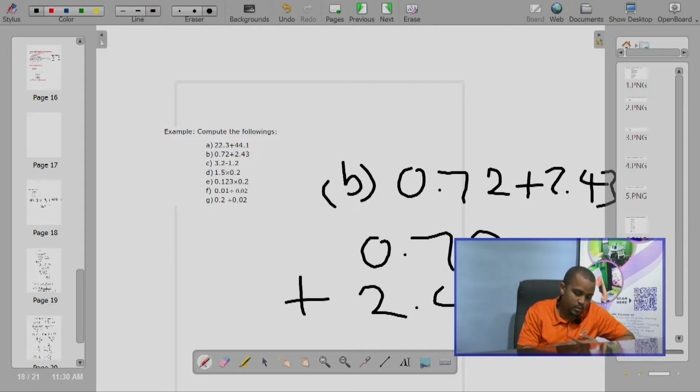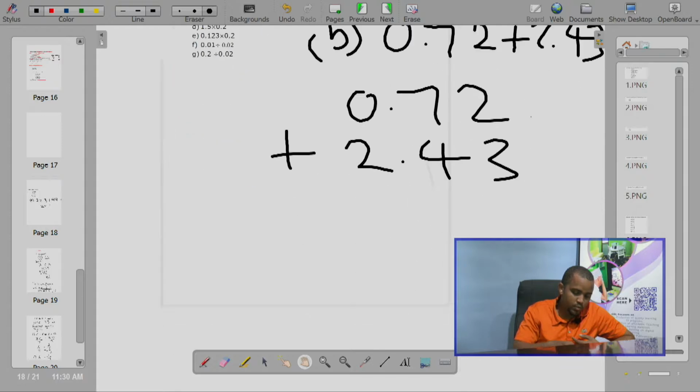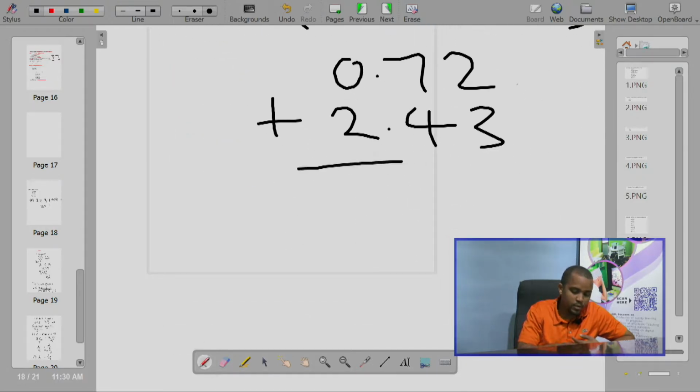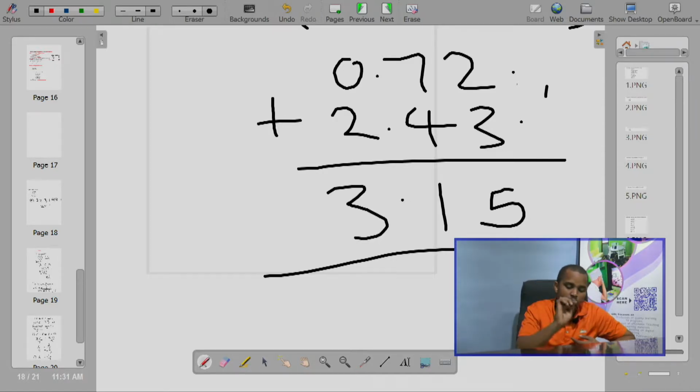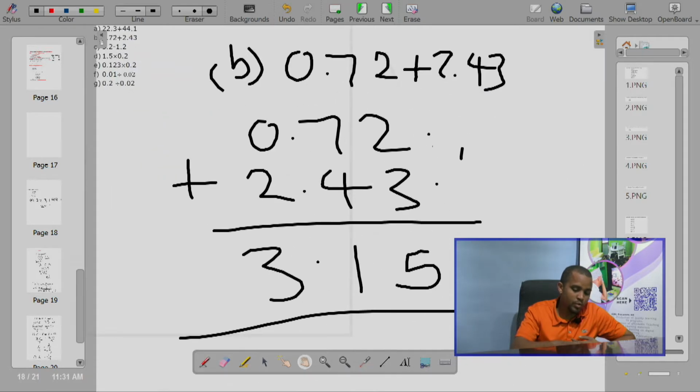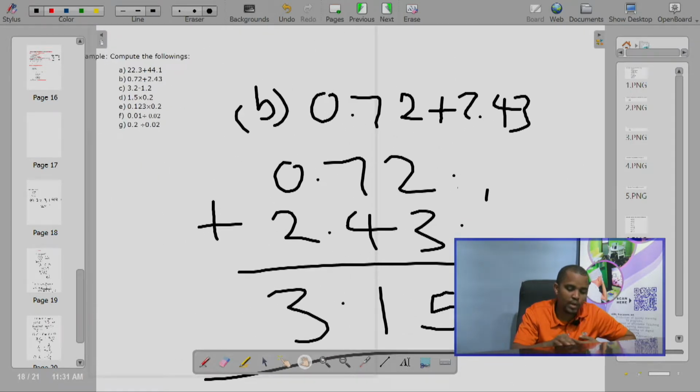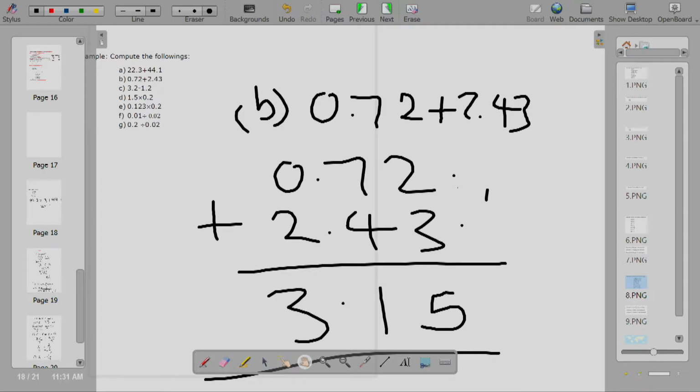These two decimals can be added as follows. 2 plus 3 equals 5, 7 plus 4 equals 11, remain 1. Point. 0 plus 2 equals 2, and 1 equals 3. So the answer will be equal to 3.15.